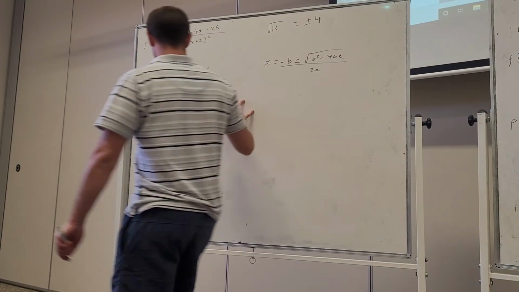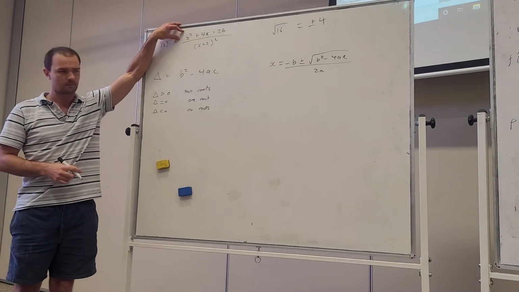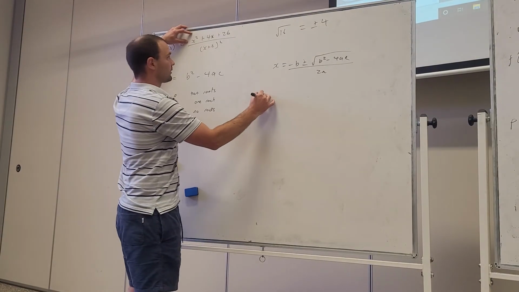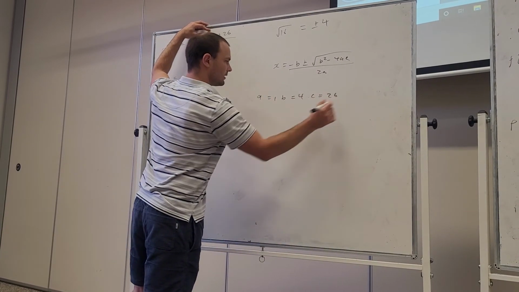So what we're going to do is find the discriminant of this equation. In here we've got a is 1, b is 4, and c is 26.